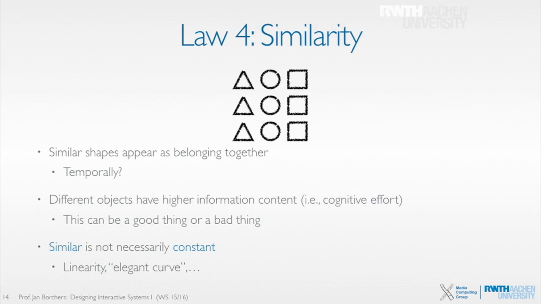So what to take out of this is, if you have similar shapes and then you have one that you want to promote or make stand out, you can use a different shape for that, because that will then automatically stand out. And if you remember the power plant image we had last week, you shouldn't have a similar switch for the light or a similar switch for melting down the core, because if they're close to each other, they look the same, and you might get them mixed up.